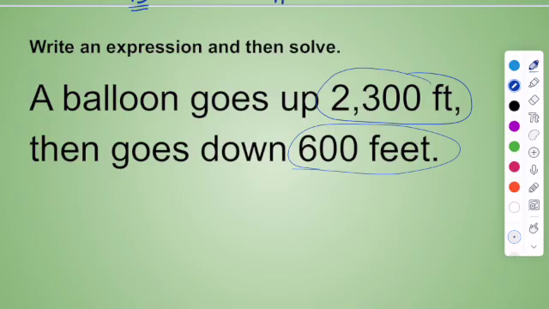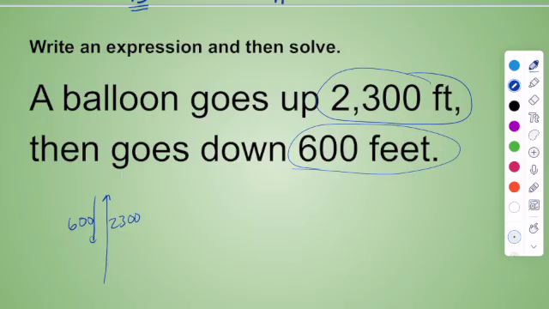We want to say, well, a balloon went up 2,300 and then it went down 600. Where is it now? So if I drew a picture of this, it went up 2,300 and then it went down 600, and 600 is much smaller, so it doesn't go negative. It's not going under the ground, but it is lower than the highest point.